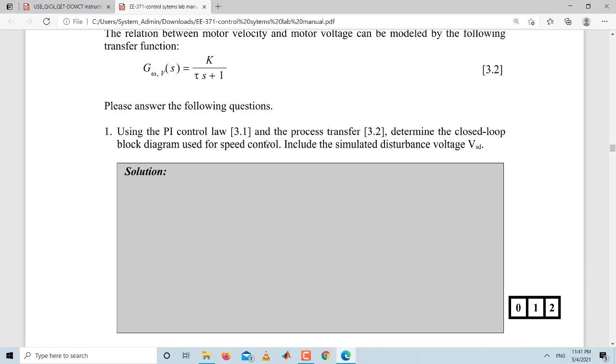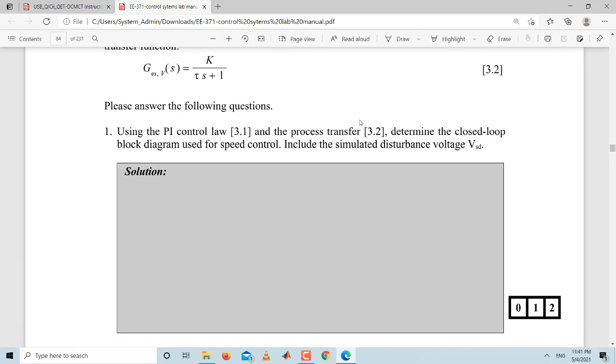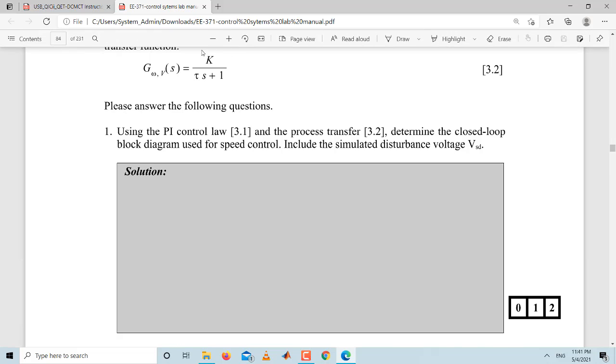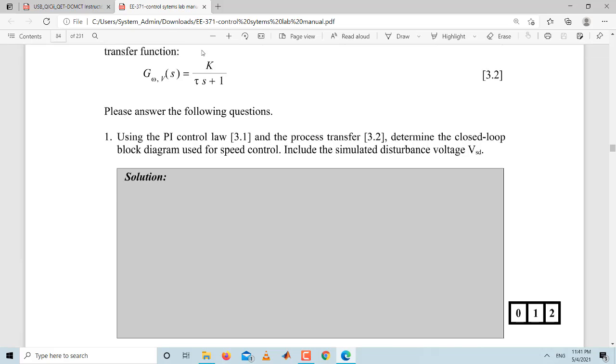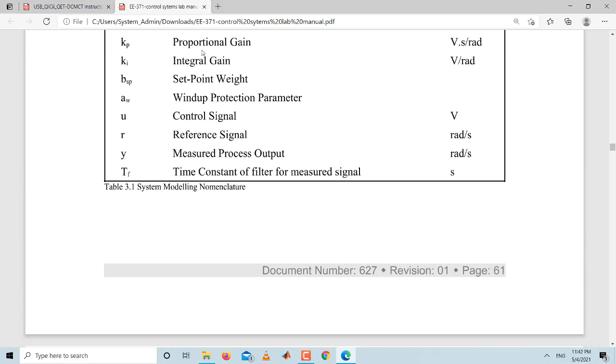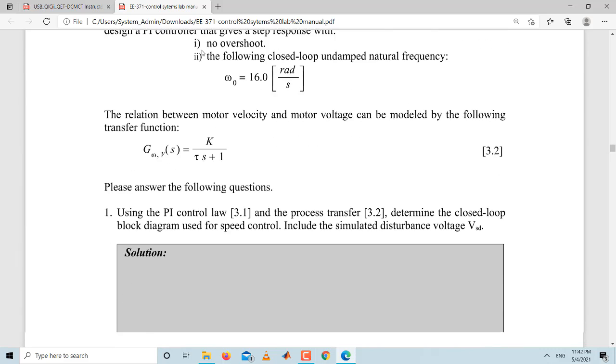Okay, so using the PI control law in equation 3.1 and the process transfer function, K by tau s plus 1 in 3.2, you have to determine the closed loop block diagram used for the speed control, right? And you have to include the simulated disturbance voltage. It means that this is the transfer function for you, and you have been given the equation for the controller.